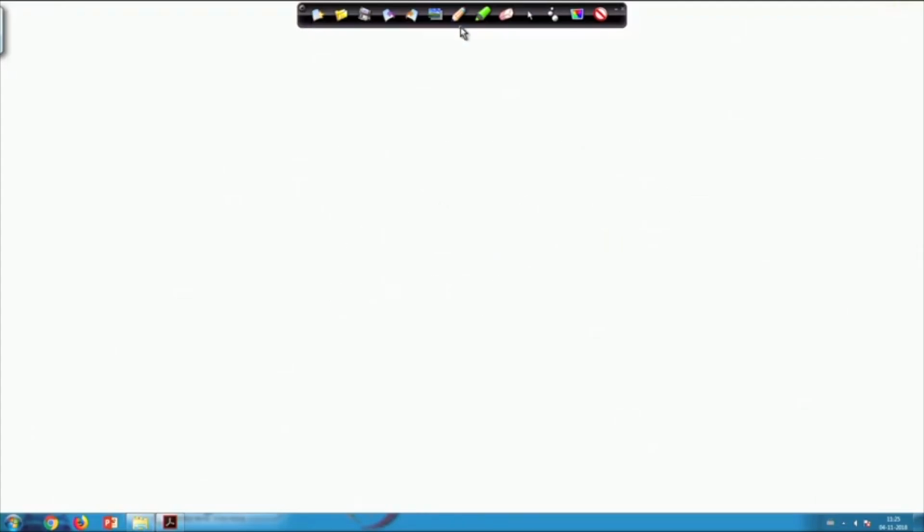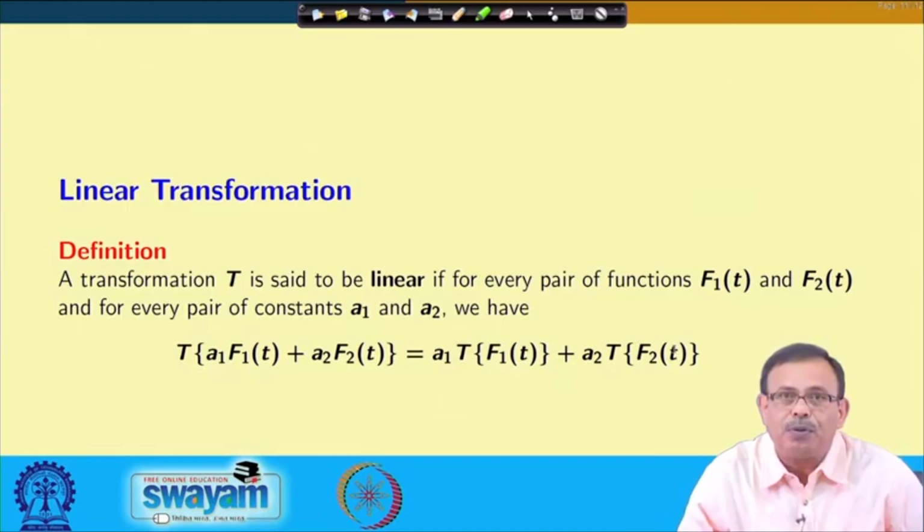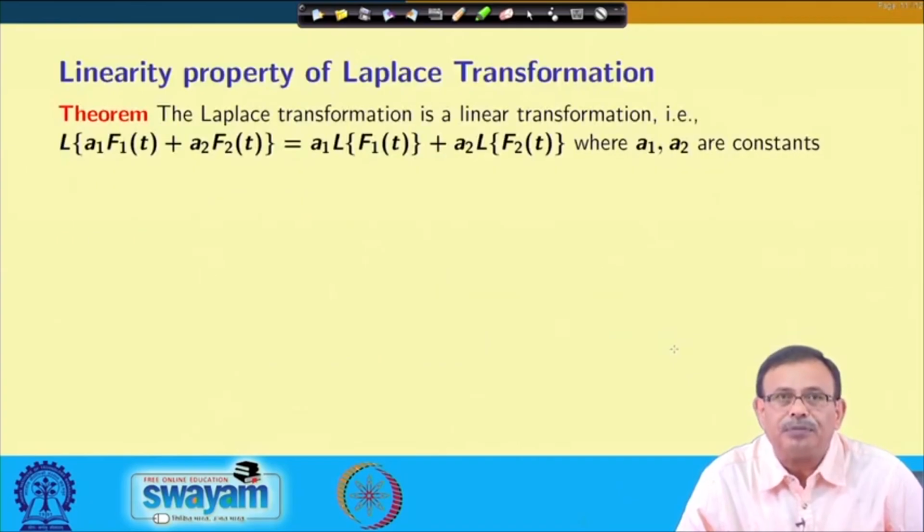So, going back to this, we are writing T of a1 f1(t) plus a2 f2(t) equals a1 times T of f1(t) plus a2 times T of f2(t).